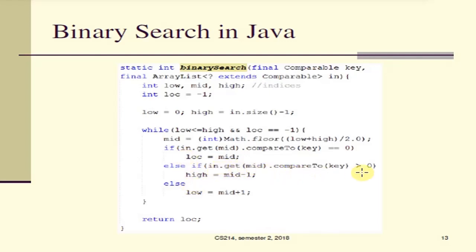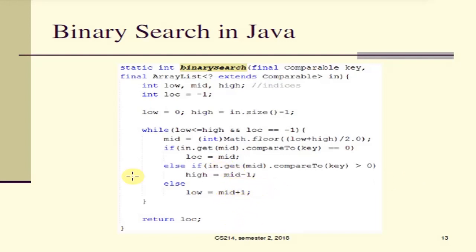Anyway, if this was less than 0, then this would be false, and then you come here and execute this else part, which is saying basically our key is actually more than the mid that we had found, and so we set our low to mid +1. So we move our low index from 0 all the way to whatever was the mid +1. So we have now set our new low, which is the mid +1.